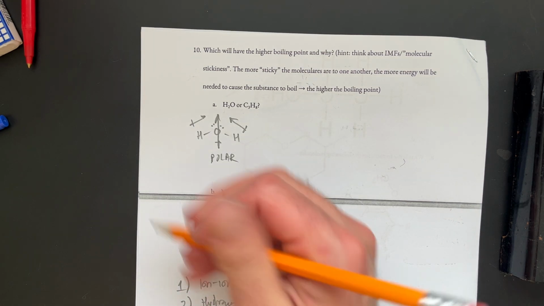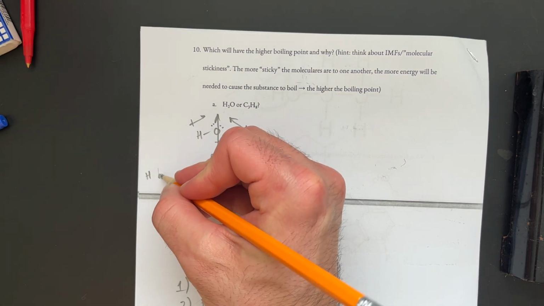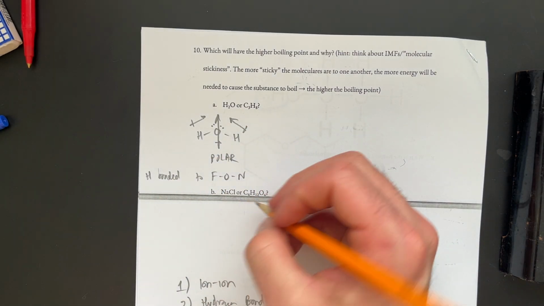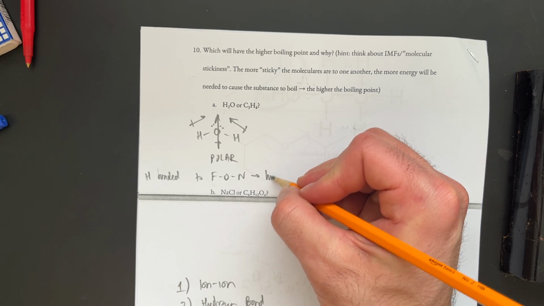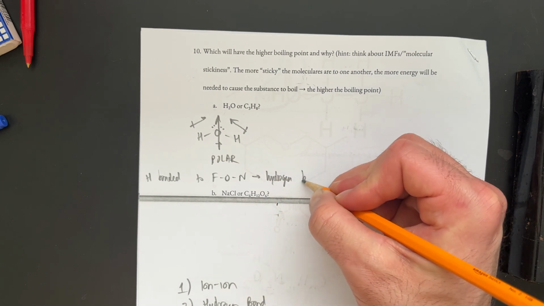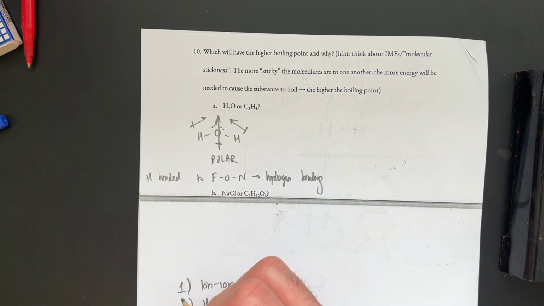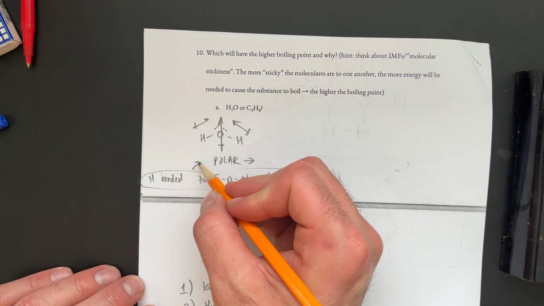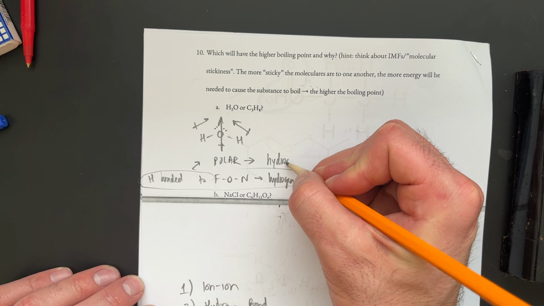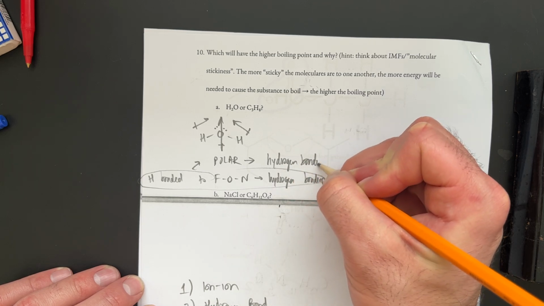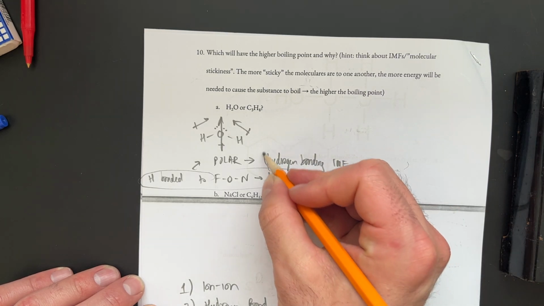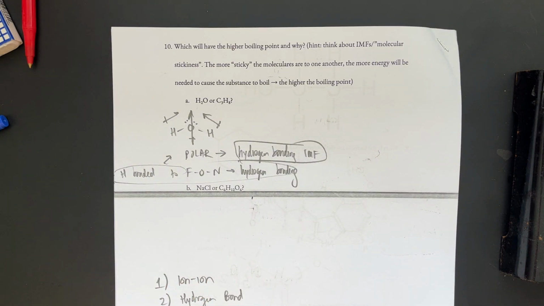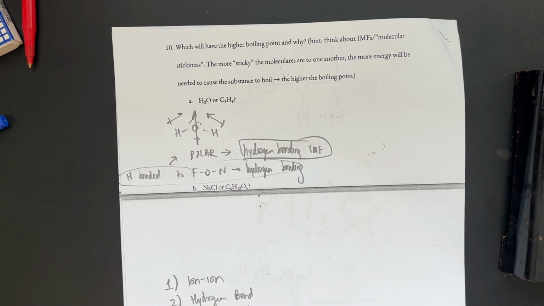If H is bonded to F, O, or N, it's going to be hydrogen bonding. And so therefore, here we have hydrogen bonding. It's a specific type of polar. It's going to be the hydrogen bonding IMF. And yeah, so this actually has pretty strong molecular stickiness. H2O is very sticky to each other.